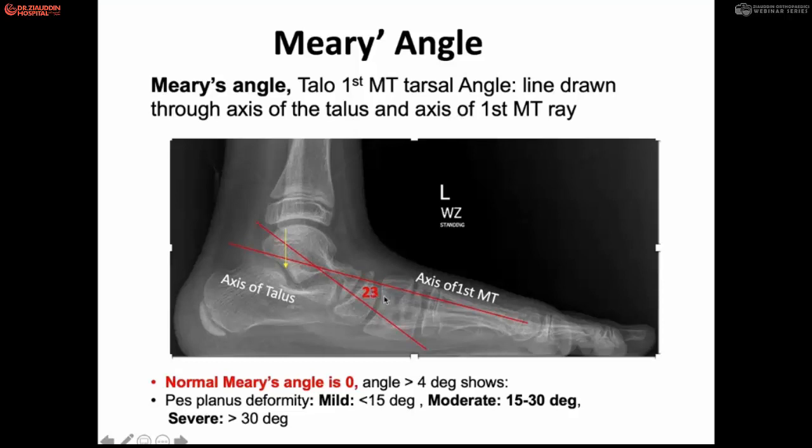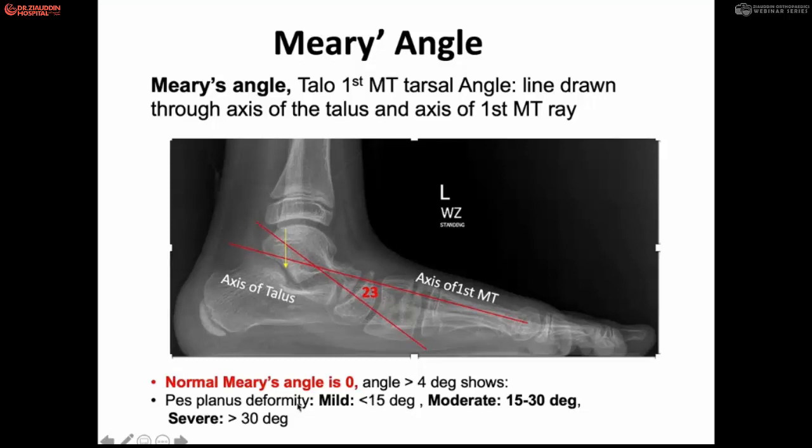This angle is called Meary's angle. Usually the acceptable Meary's angle is 0 to 4 degrees. If the foot goes into a cavus position and maintains an arch, then the angle increases.